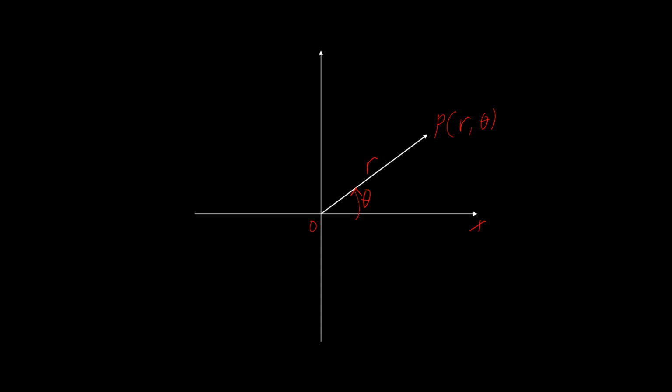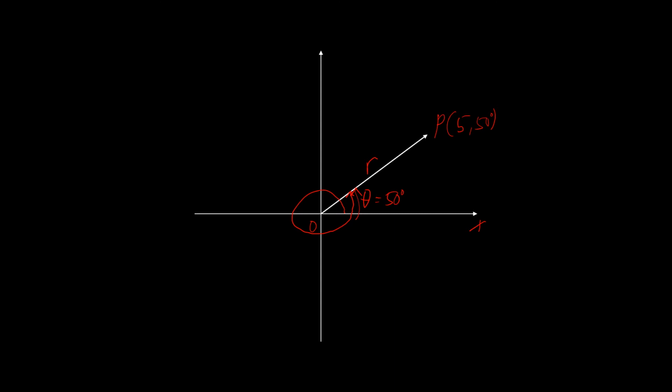Now let us give a specific value to r and theta. Let us say 5 and 50 degrees. So the radius is 5 units and the positive counterclockwise angle is 50 degrees. Now, if we add 360 degrees to 50 degrees, starting from the polar axis, we will get the same terminal side.